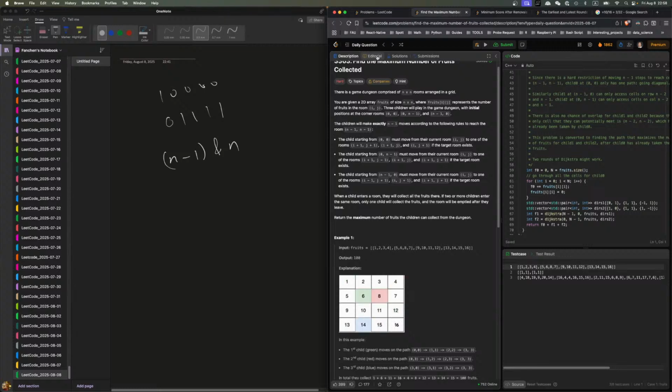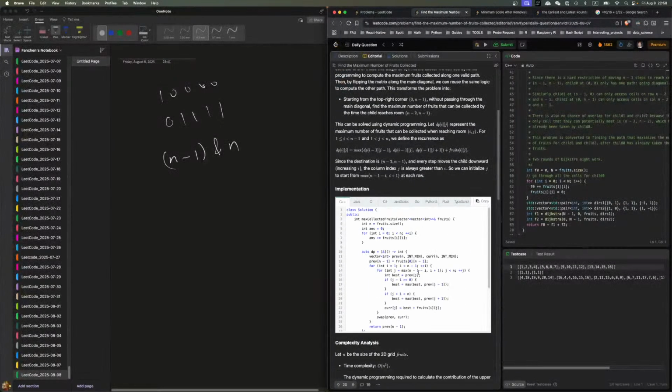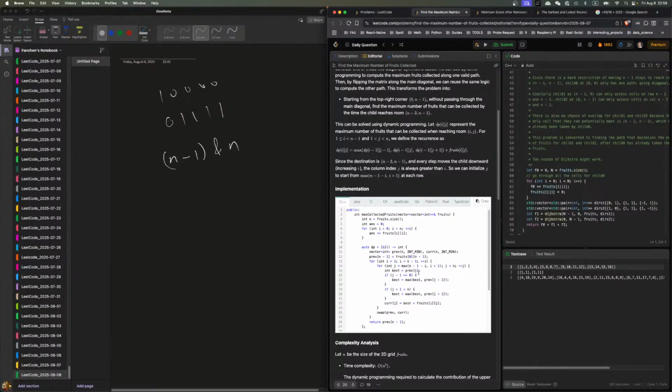I mean, the editorial also have these arrays. What do these arrays do? Current and previous, and then they swap.